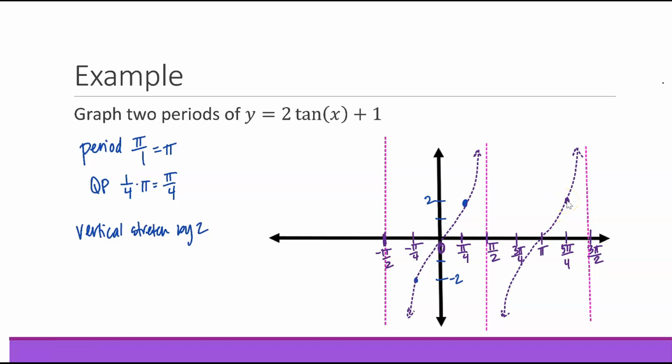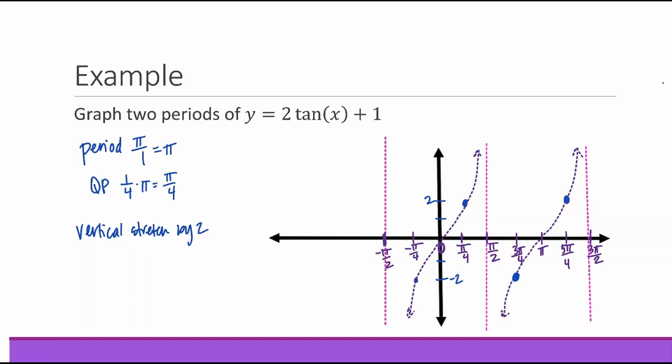So this would be 5 pi over 4, 2, and then negative 3 pi over 4, negative 2. I'm going to make it a big circle to fudge it a little bit and make it work. So right now, this is the graph of 2 tangent x. We have our x-axis values labeled, and now these y-axis values labeled. The last thing to do is shift everything up 1, and then that'll finally be our graph.